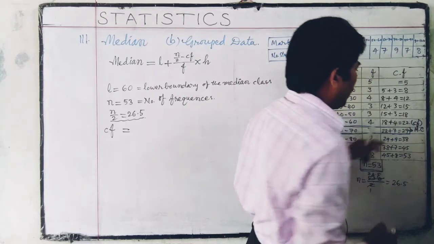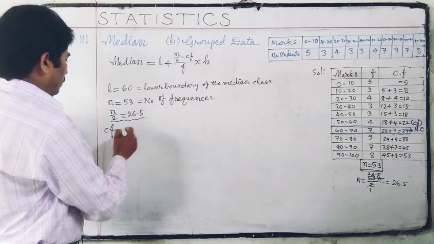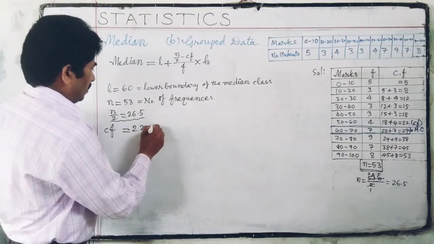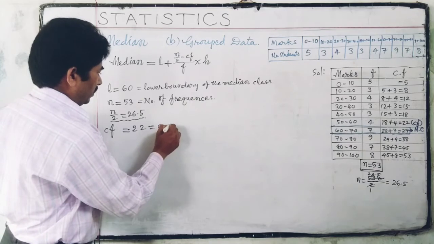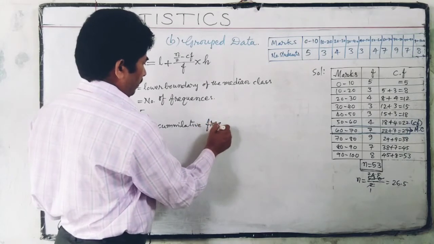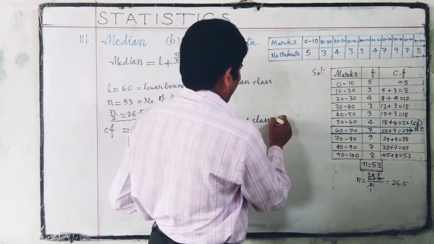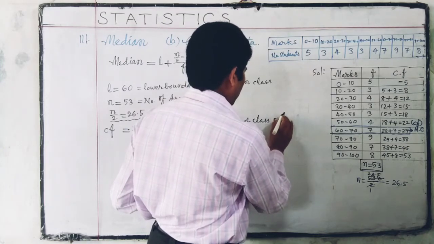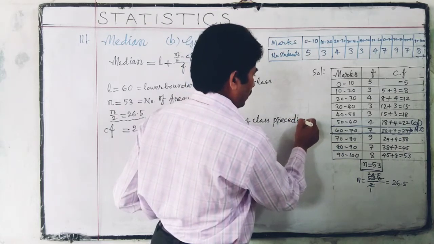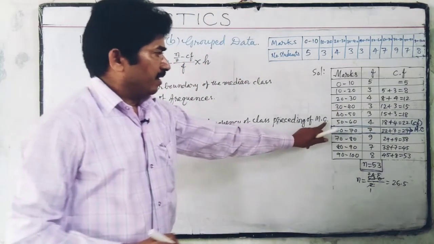Cumulative frequency of the class preceding the median class.